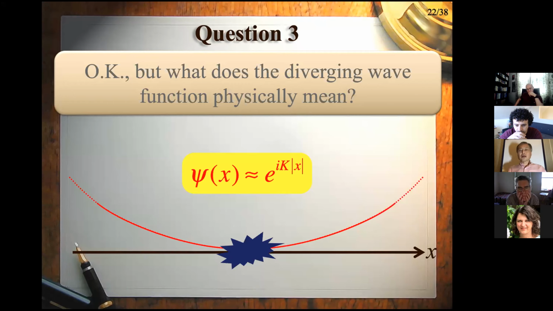But I'm going to tell you that we still have the probability interpretation. It's not normalizable, but we still have the probability interpretation.